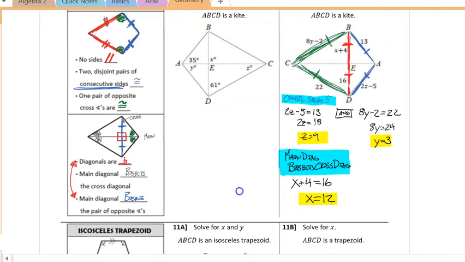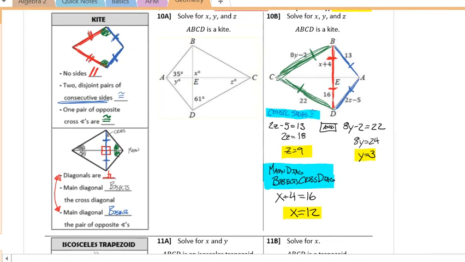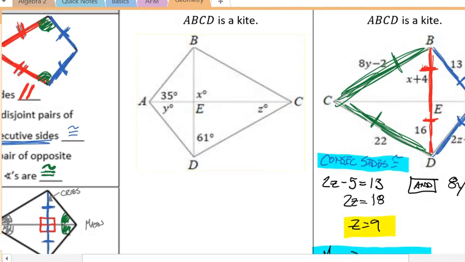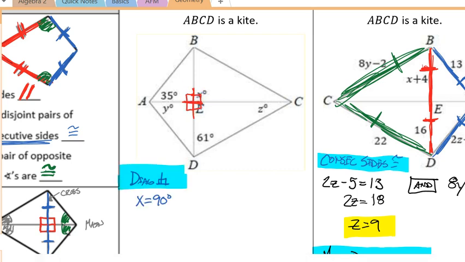So if we actually take a look at problem 10A, I'm looking for x, y, and z. So focusing in on this, we can figure out that my cross diagonal intersects my main diagonal, and we know that all of these values are 90 degrees. So therefore, x is in fact equal to 90 degrees.